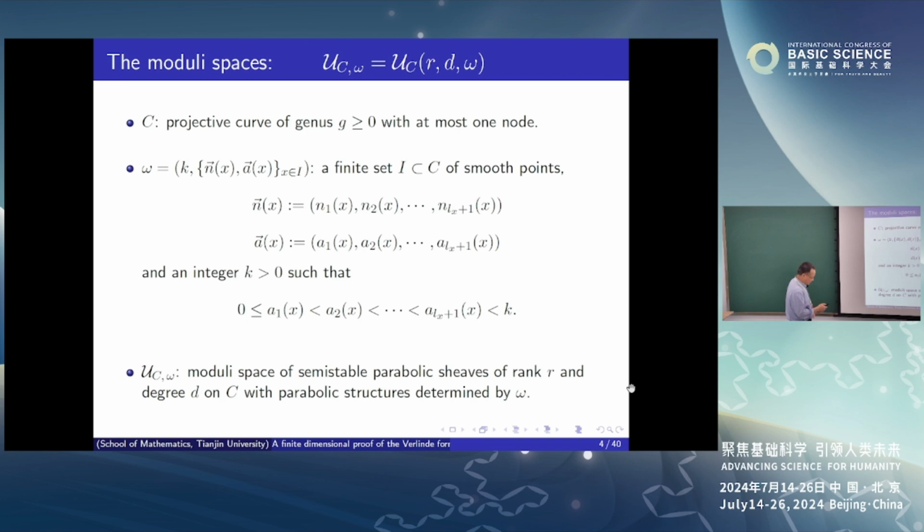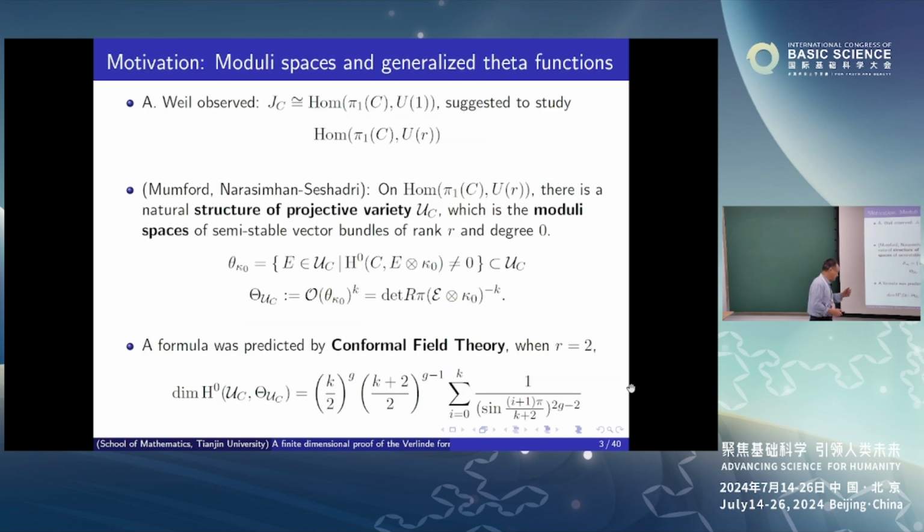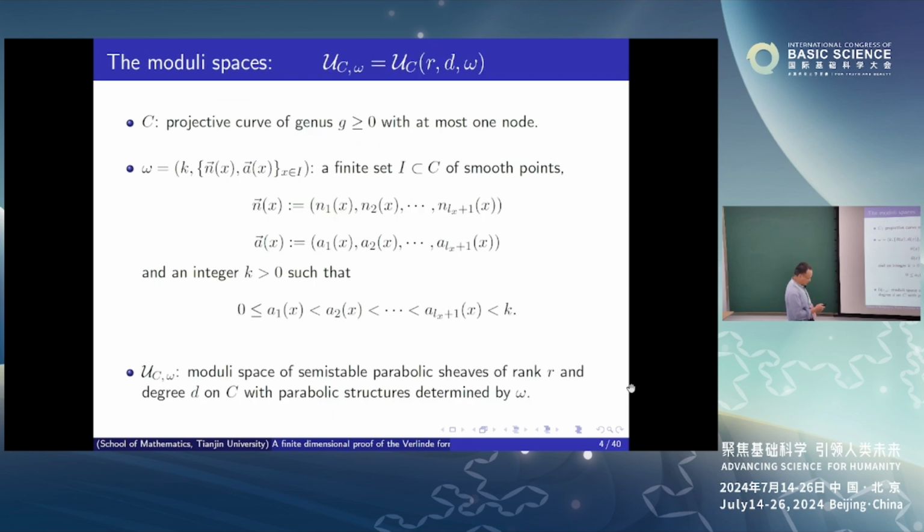To prove this formula, in fact, one needs to prove a more general case. We can consider more generally a moduli space. Let C be a projective curve with at most one node.